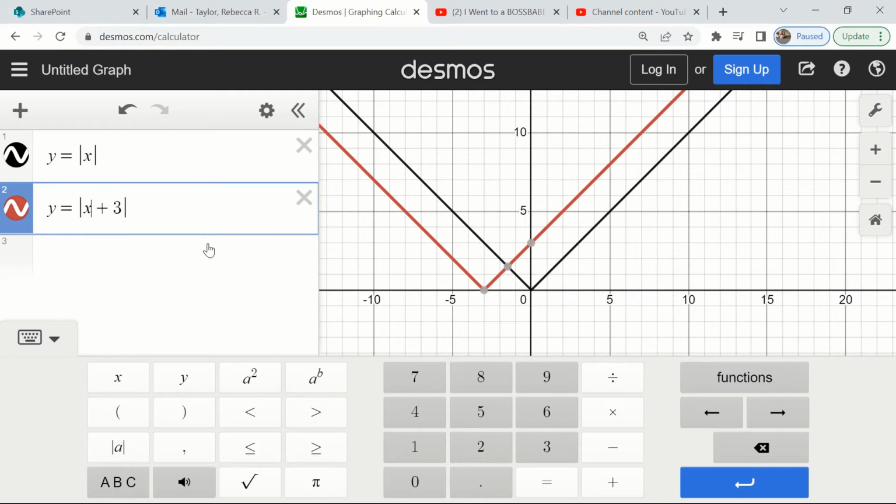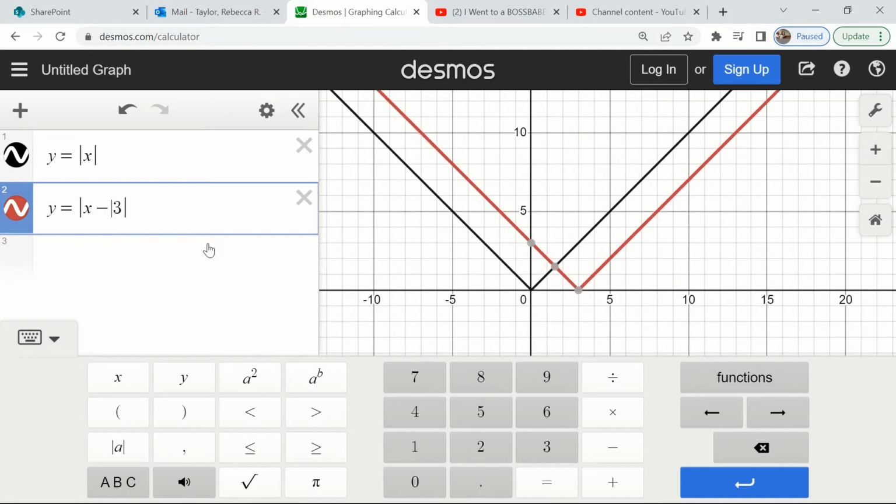Adding a 3 makes it go to the left, and subtracting a 3 makes it go to the right. But if you think about the subtraction as being part of the formula, so you're subtracting +3, now it makes a little bit more sense.